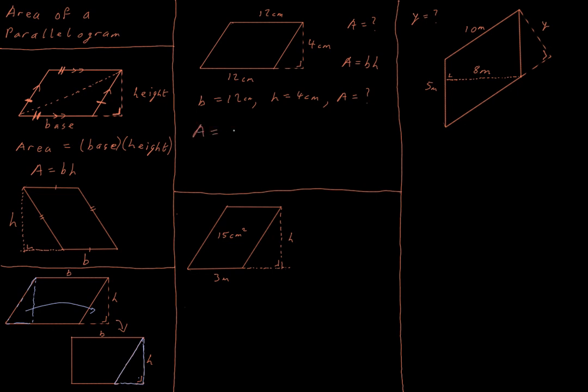So the area is equal to the base times the height. So I end up with 48, and it's area, so that's centimeters squared. So I write down my formula, I fill in anything I can on my diagram, I write down all the information I've got, and I substitute into the formula. And if we do that from day one, then we're able to do the questions when they get much harder.